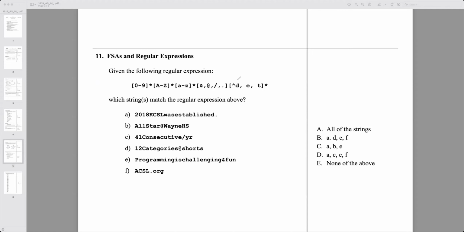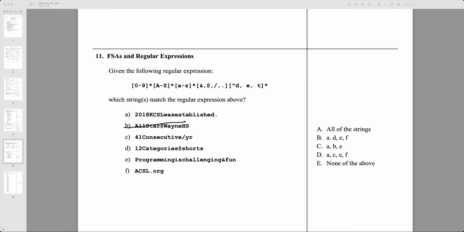And now there cannot be AD, and there has to be a combination of E and T's at the end. Wait, let's run this again. I made a little mistake. I was just doing B doesn't work actually if we look at it, because there's a capital letter after the lowercase letters, so B doesn't work.